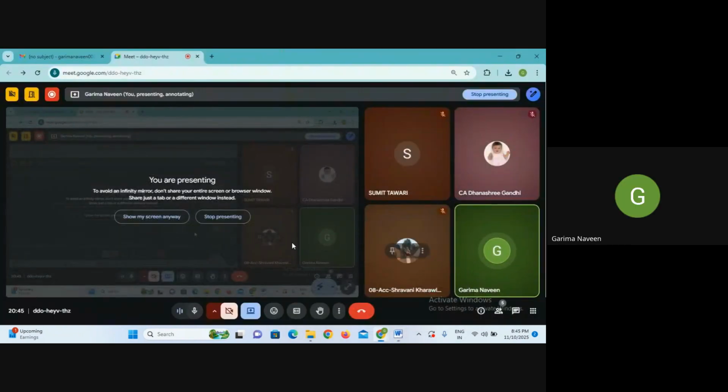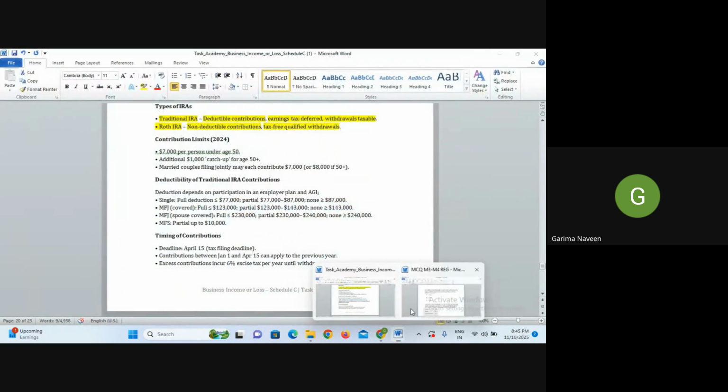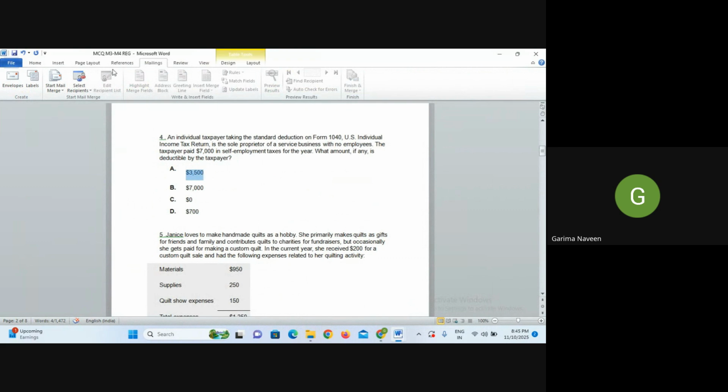Yes, for self-employment taxes, you can get 50% deduction. So for 7,000, how much deduction? 3,500. Yes, right. So the right answer should be 3,500.